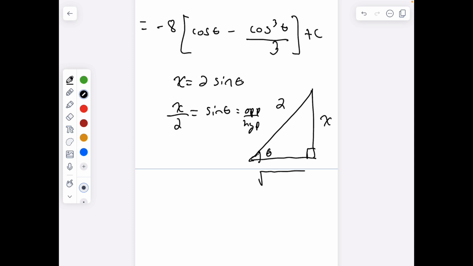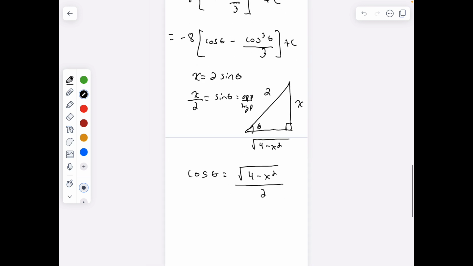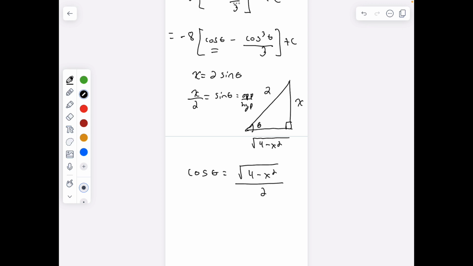And this side down on the bottom by the Pythagorean theorem would be the square root of 4 minus x squared. So if I found the cosine of that angle, that'd be the square root of 4 minus x squared all over 2. And what we'll do is rewrite every cosine that I had up here with that.